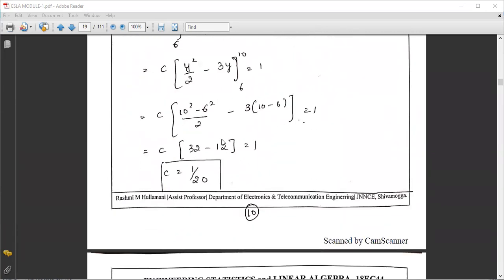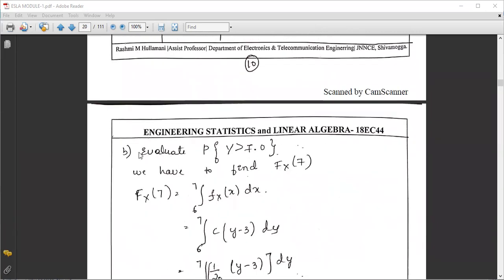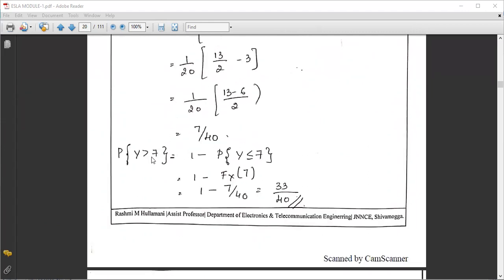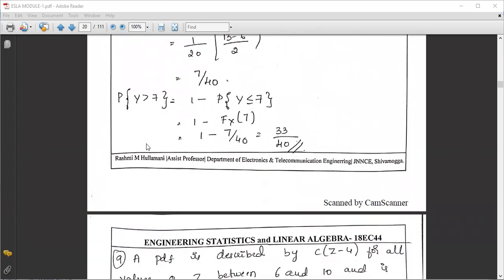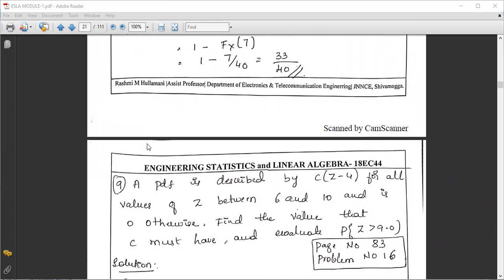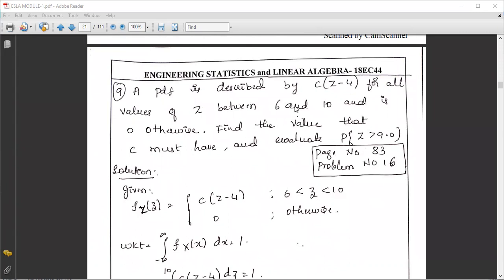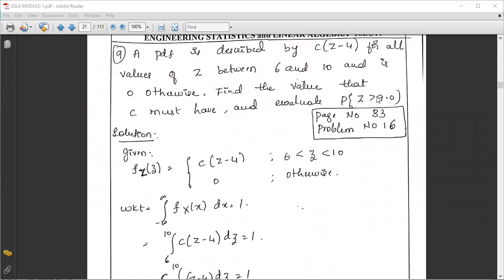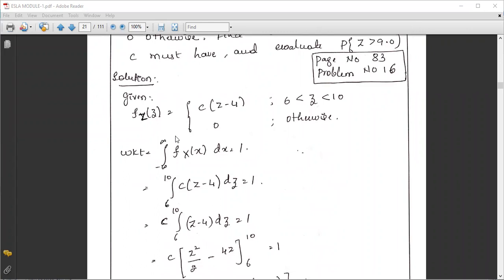First we have to find c, then find the probability of y less than or equal to 7, and then by using the complement function, find the probability of y greater than 7.0. This next problem is also the same as the previous one. The limits are the same, but here the random variable is z, and we need the probability of z greater than or equal to 9.2.